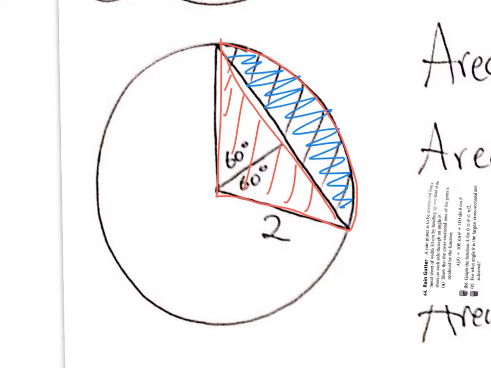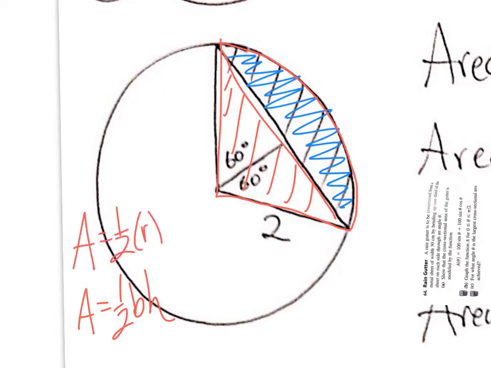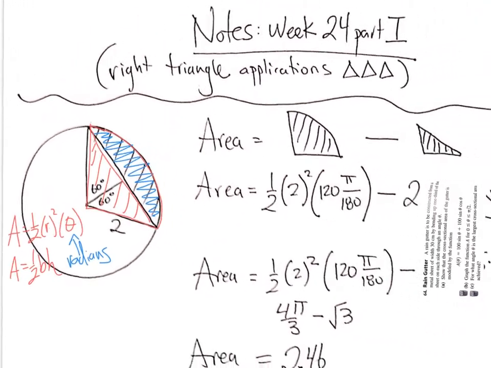Remember the area for a triangle. Area is 1/2 base times height. And then for the area of a sector, we have 1/2 r squared times theta, where theta is in radians. So you might try to solve that and then continue viewing.